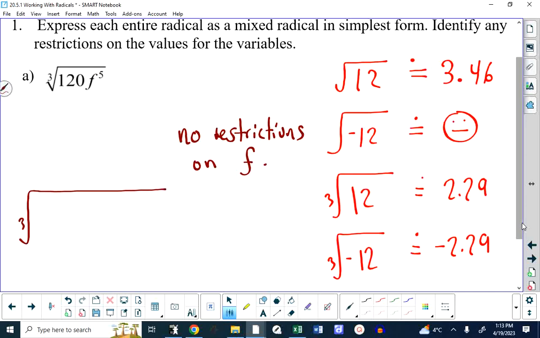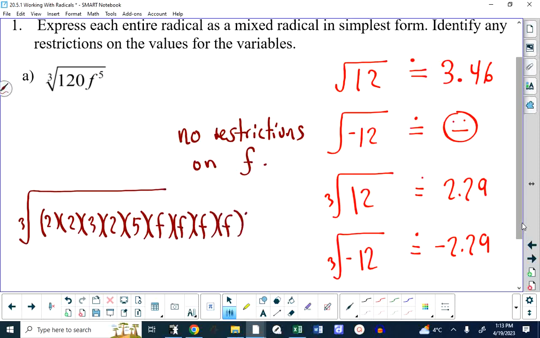I start at 12 and 10, because I can break down 12 pretty quickly and 10 pretty quickly. I believe 120 is 2 times 2 times 3 times 2 times 5.